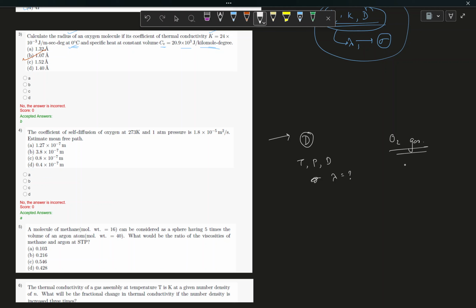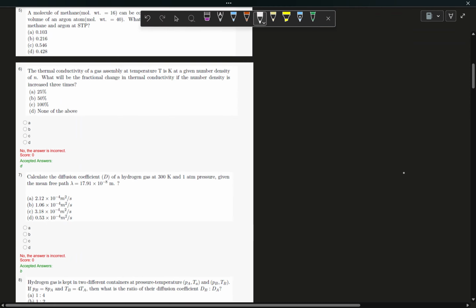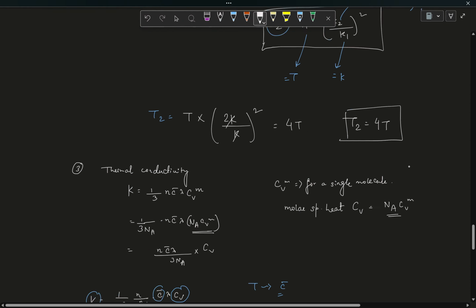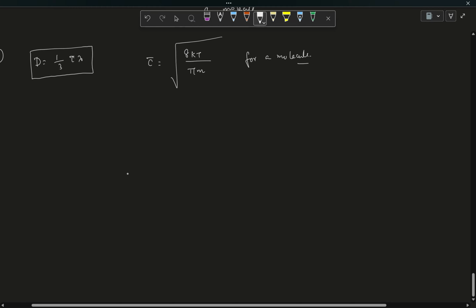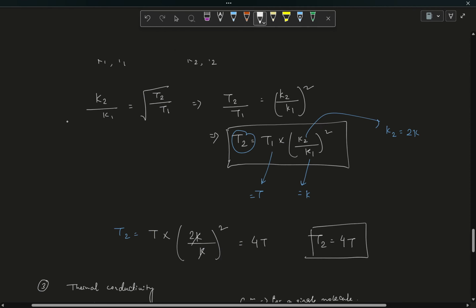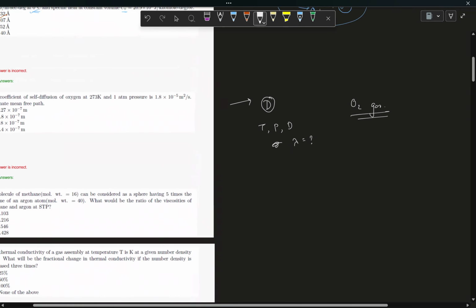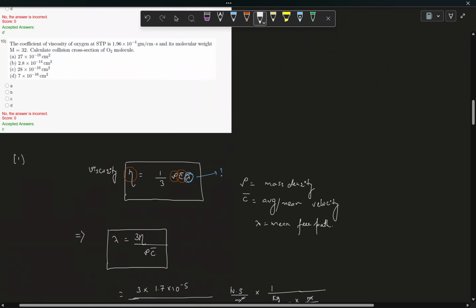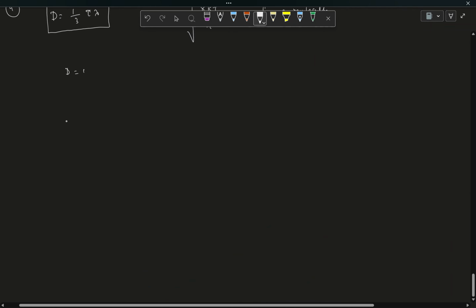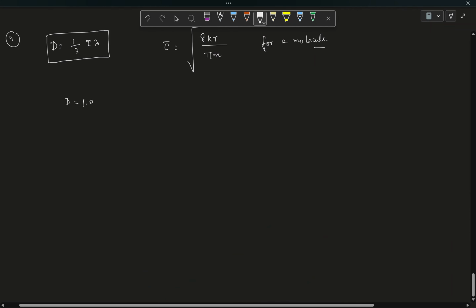Temperature is 273 Kelvin, and this D is 1.8 into 10 to the power minus 5 meter square per second.